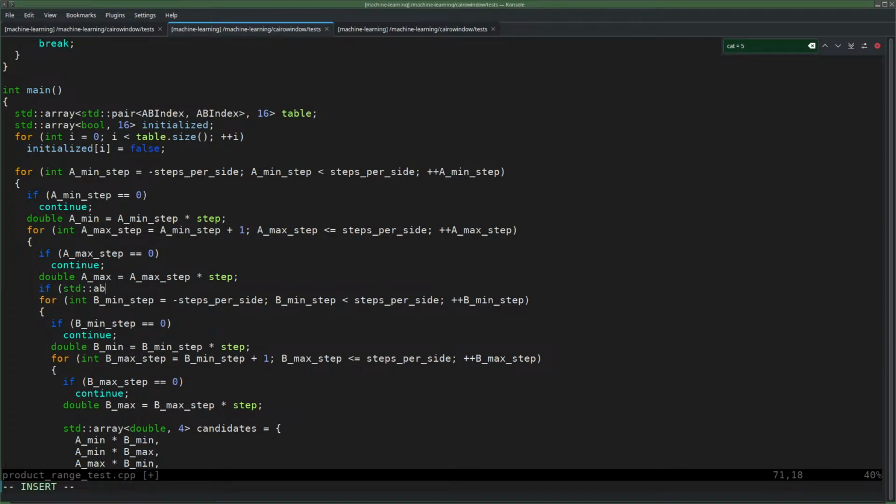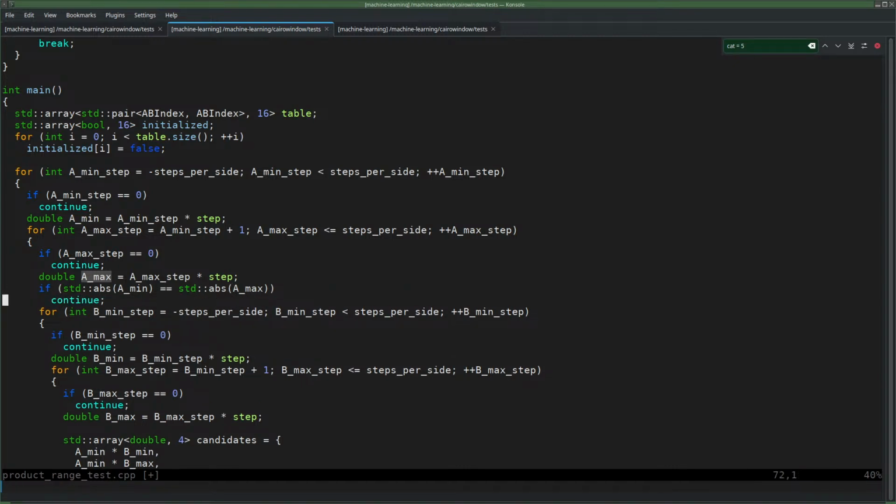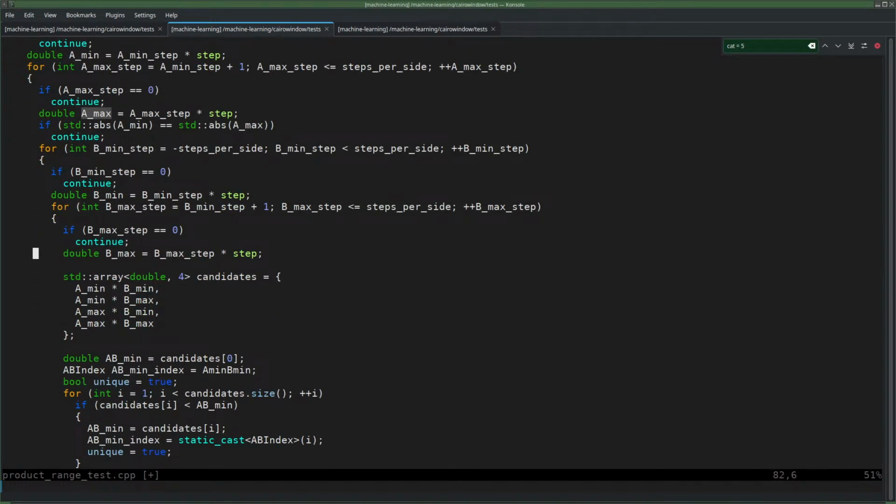If the absolute value of a min equals the absolute value of a max, continue. And then again for b.